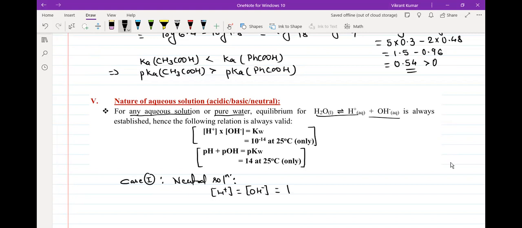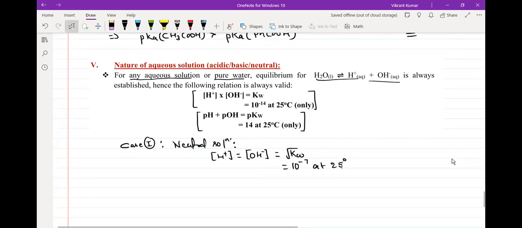And if these two are equal, they must be equal to root Kw. The value of Kw at 25 degrees is 10 raised to minus 14, so root Kw will be this much. Okay. Now, if I apply the log and then minus, this will give you pH equal to pOH, and taking the log and minus, you'll get half pKw.